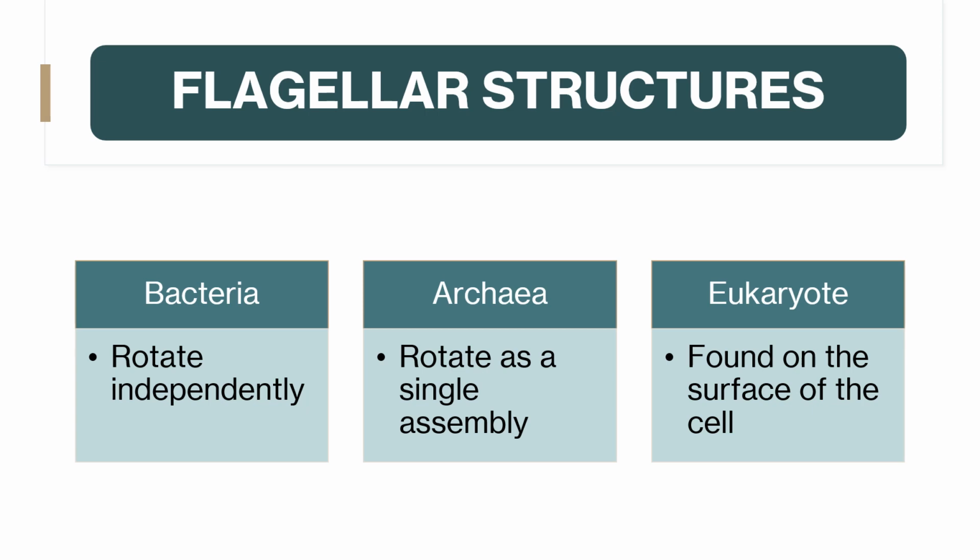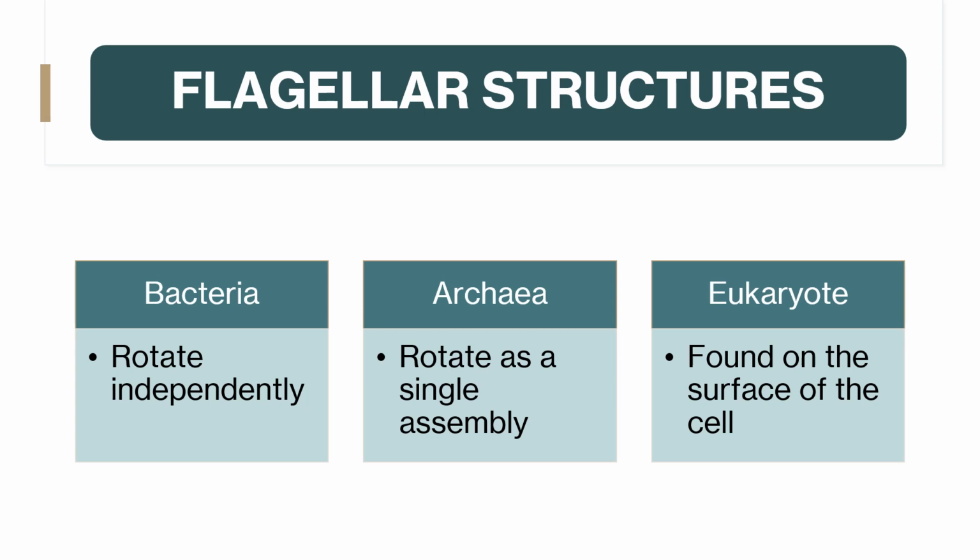Next, we'll talk about the flagellar structures of bacteria, archaea, and eukaryotes. Flagella are tiny structures, they kind of look like legs, that come off of the cells and help them with motility, which means it helps them move around and swim around.